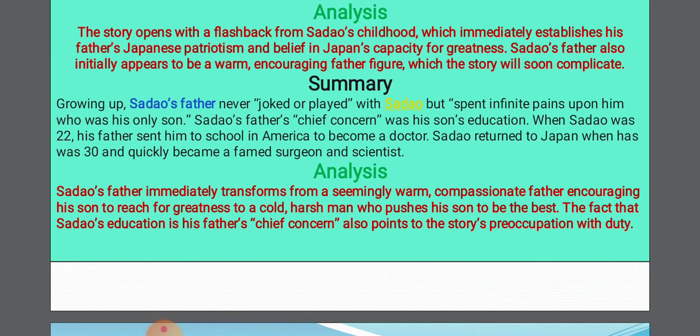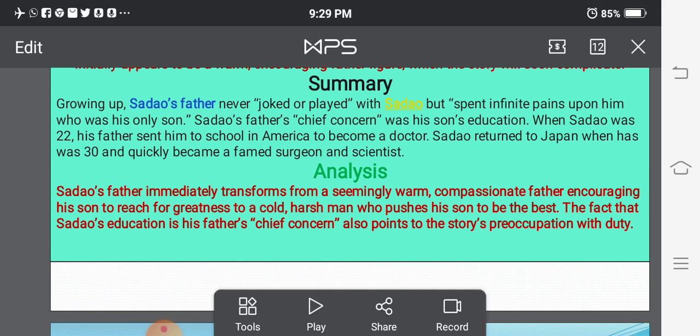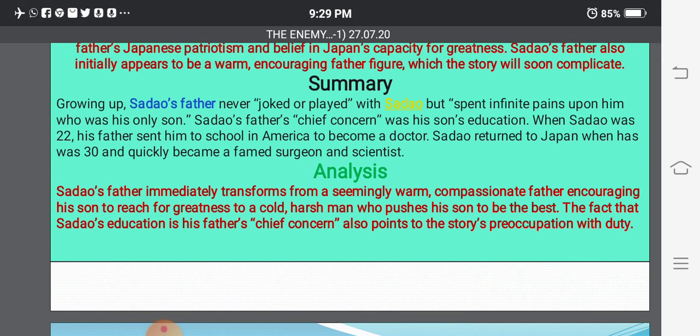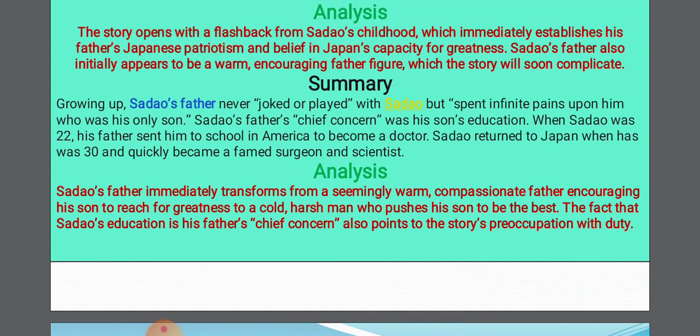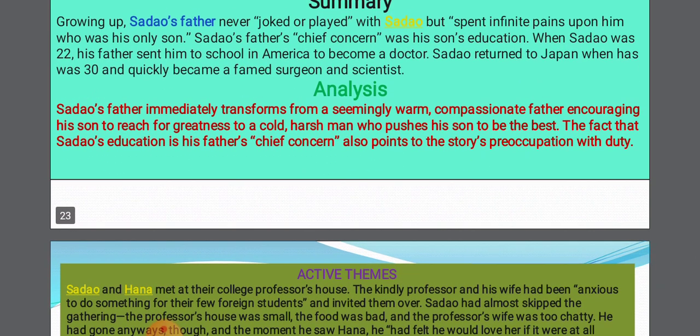That's why, as we'll see in the analysis, Sadao's father immediately transforms from a seemingly warm, compassionate father encouraging his son to reach for greatness to a cold, harsh man who pushes his son to be the best. The fact that Sadao's education is his father's chief concern also points to the story's preoccupation with duty. So this much we have done.